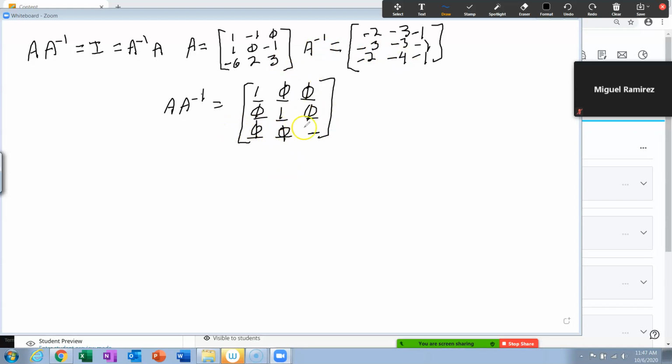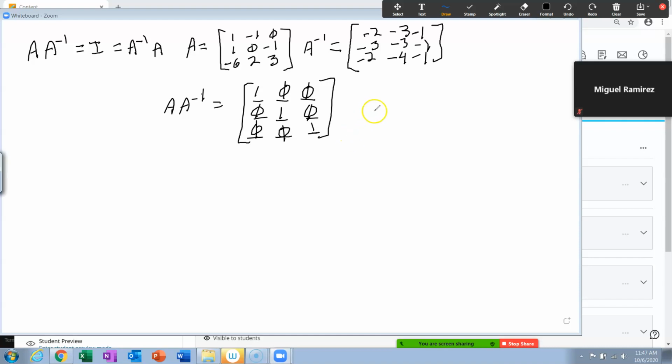And then the 3-3 entry here, third row, third column, that would be -6 times -1 is positive 6. 2 times a -1 would be a -2, so 6 minus 2 is 4, and 3 times a -1 is -3. 4 minus 3, sure enough, is 1. Okay, we've done half of the check.